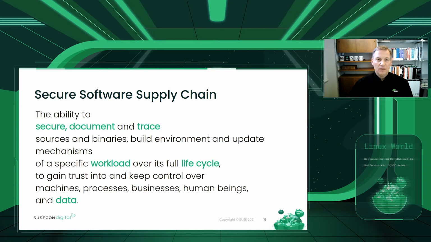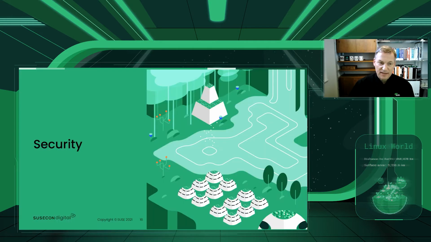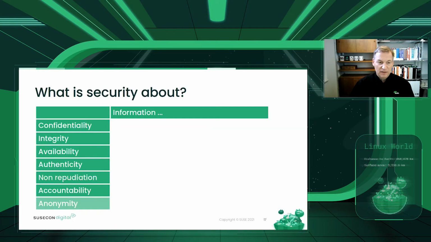When we have defined this, let's now look into the details of the security aspects that need to be considered. And there are specific definitions that all of us should be aware of when we are talking about security. First, there is confidentiality. This means that information shall only be disclosed to authorized entities.